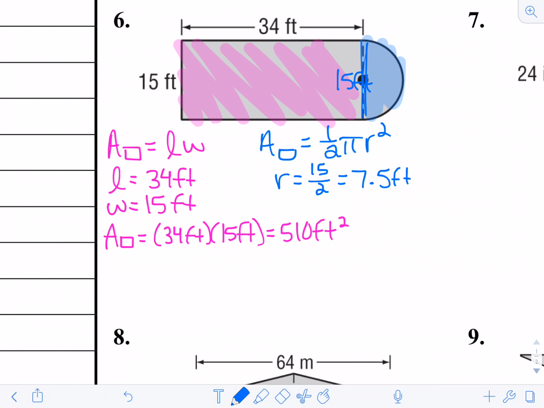So to find my area, area is going to be 1/2 times pi times 7.5 feet squared. When I multiply all that out, I'm going to leave a couple of decimals. So when I multiply all that out, I will get 88.36 feet squared.